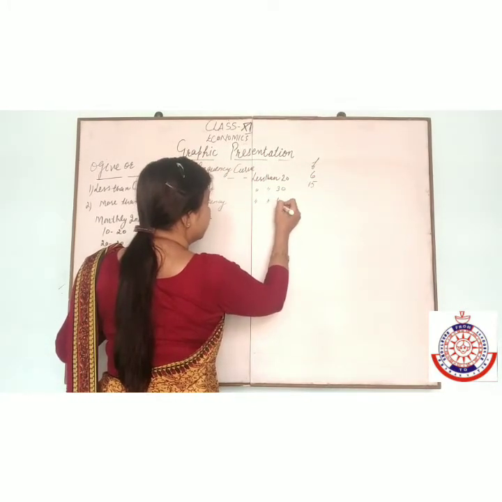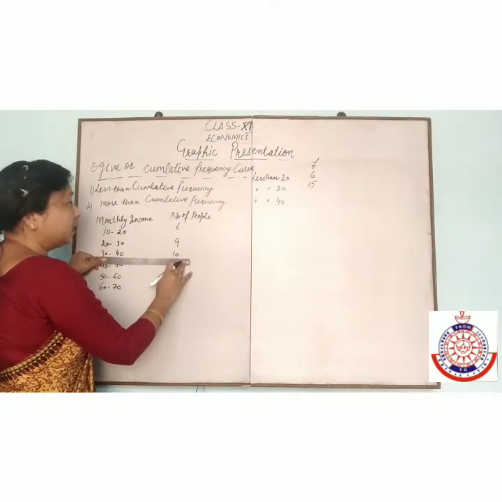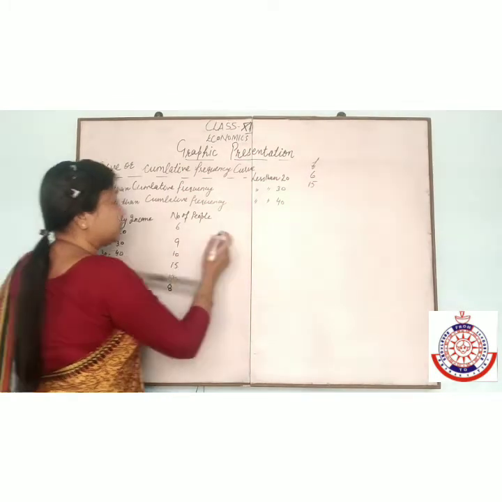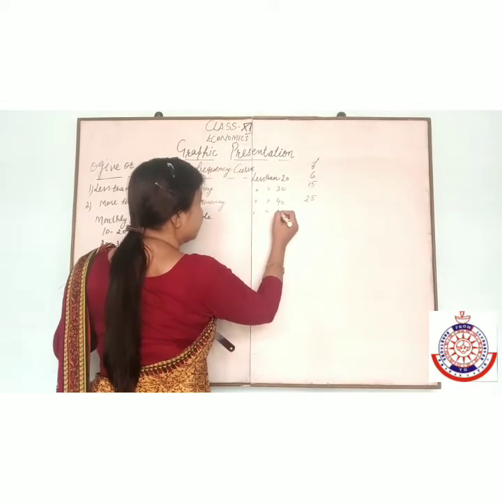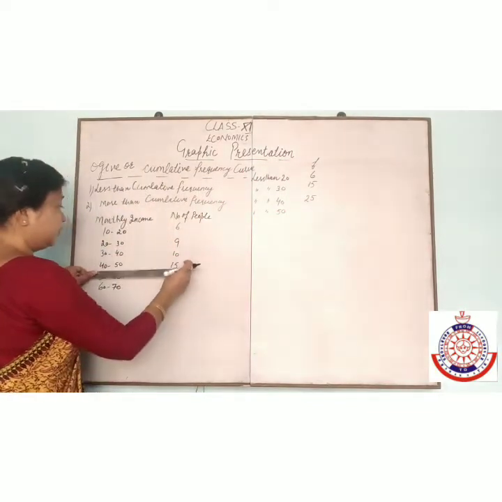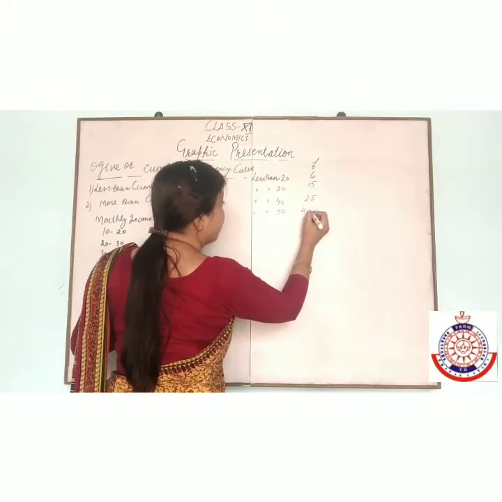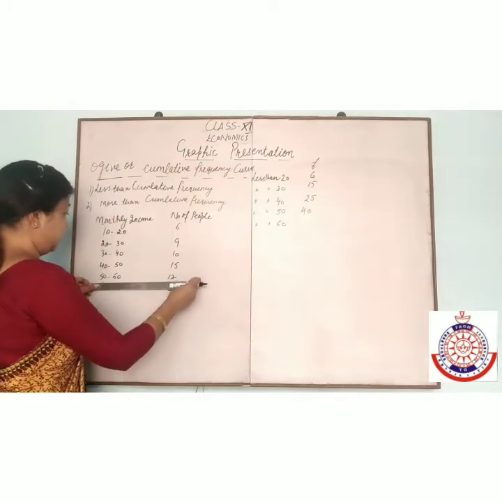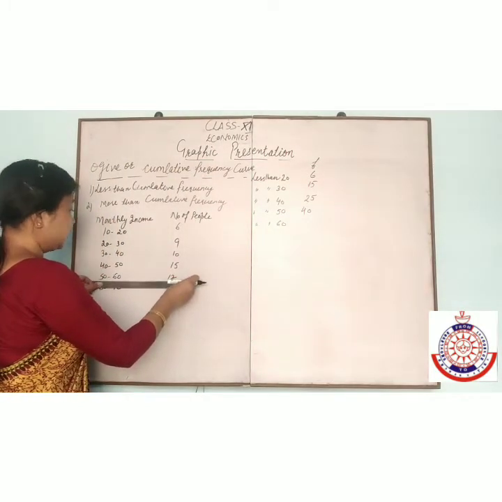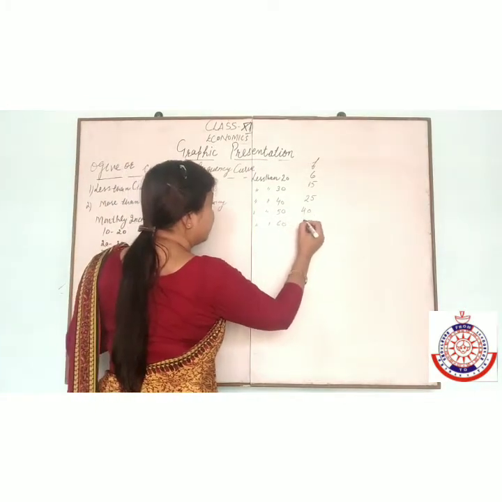Then less than 40. Less than 40 means these people are less than 40. It means 15 plus 10, 25 is less than 40. Then less than 50, that is equal to 40, and less than 60, that is equal to 52.